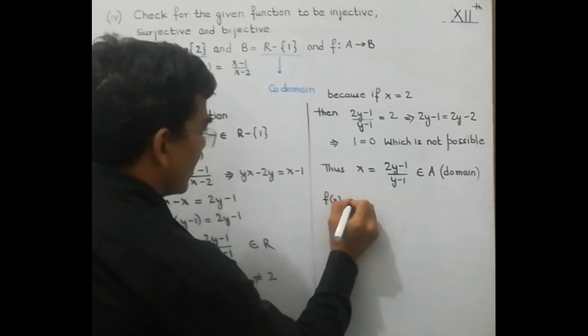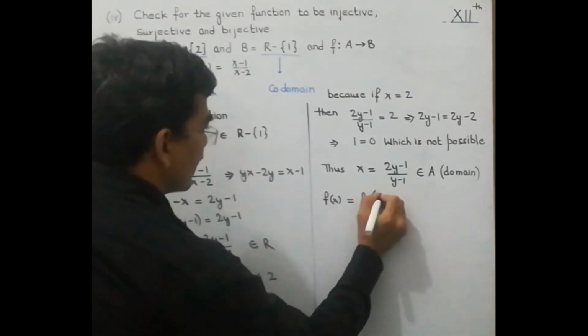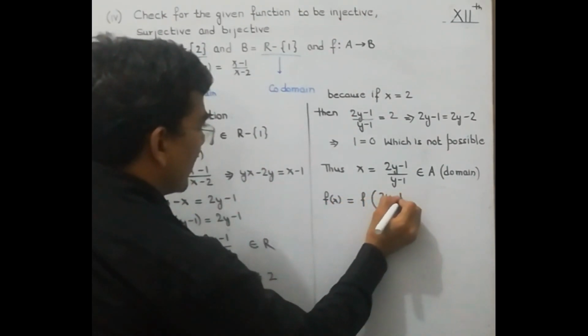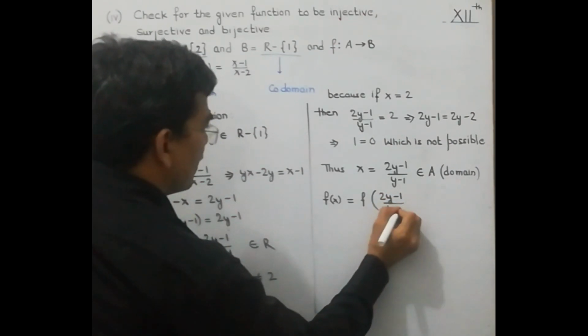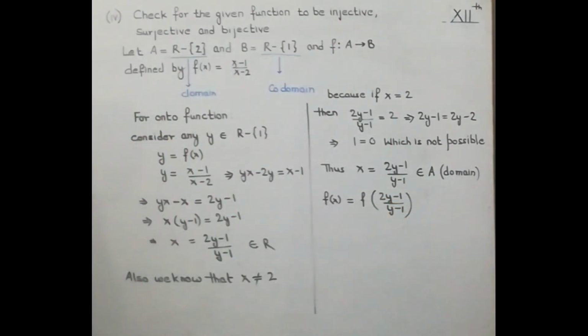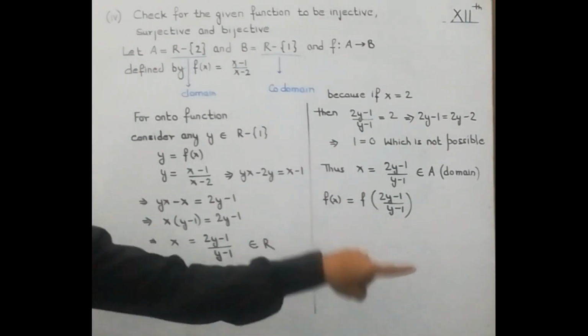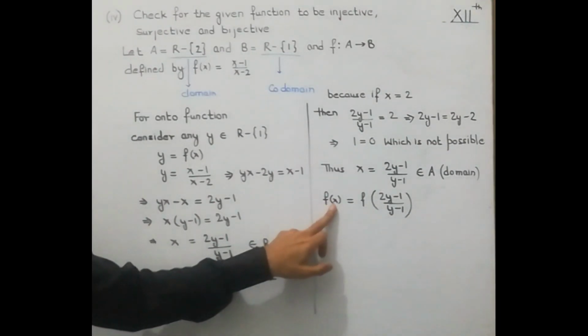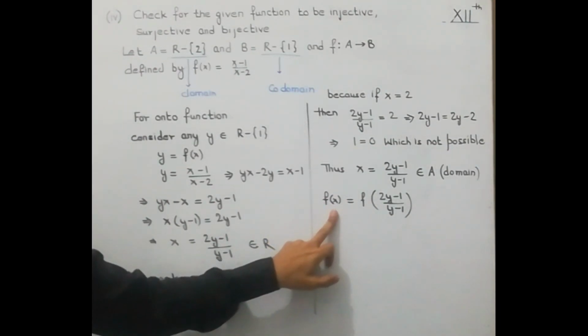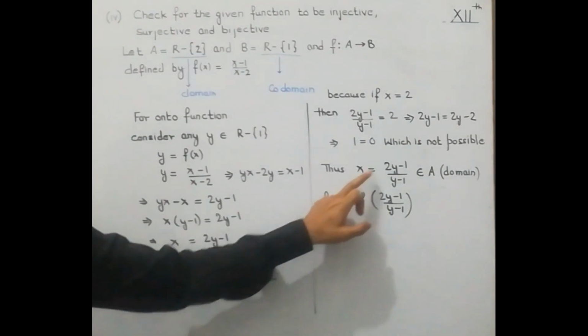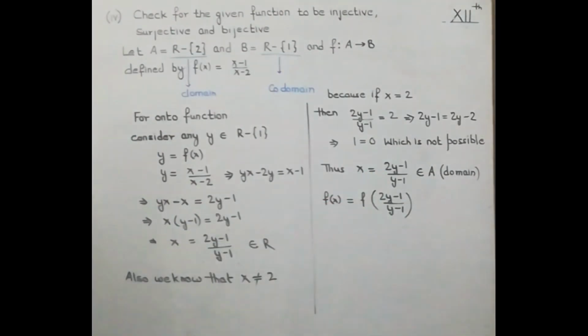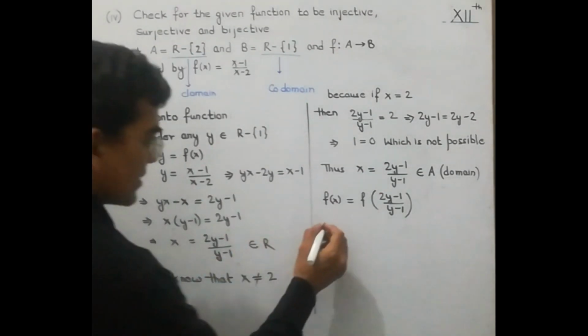f(x) is equal to f of (2y minus 1) upon (y minus 1). See here, f(x) has to be equal to y. x is the pre-image. So if we substitute the pre-image, now x is equal to this, you should get the image that is equal to y. So let's check it.